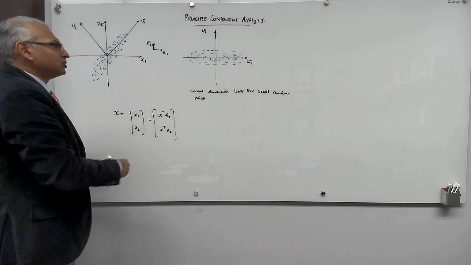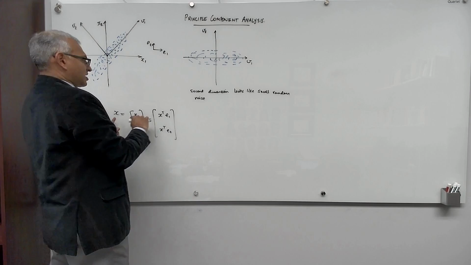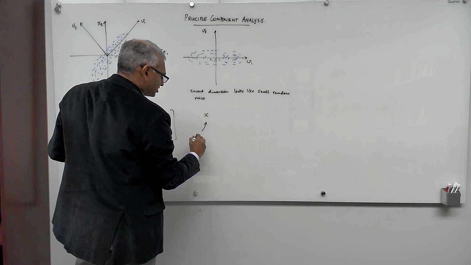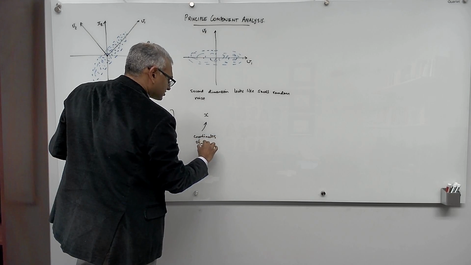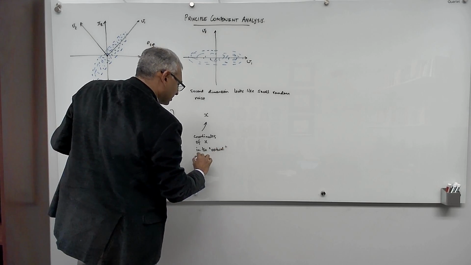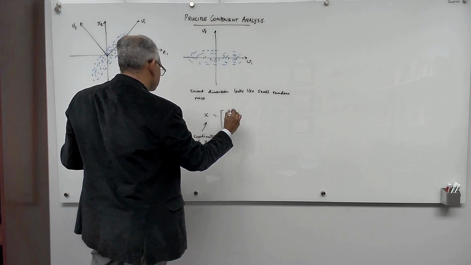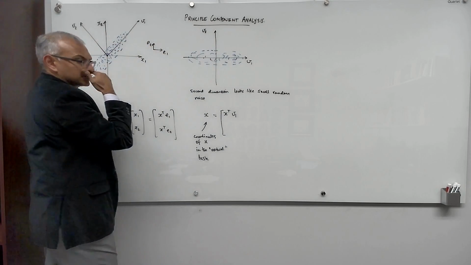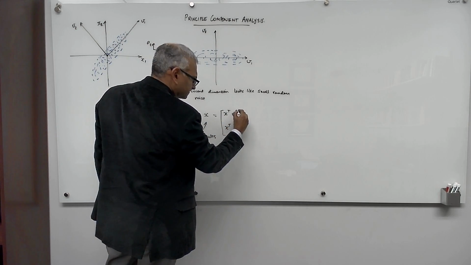So if viewed from the natural basis for this data, let's get the coordinates of x in the natural basis. Assuming this natural basis is an orthogonal basis, that would be x transpose V1, x transpose V2.